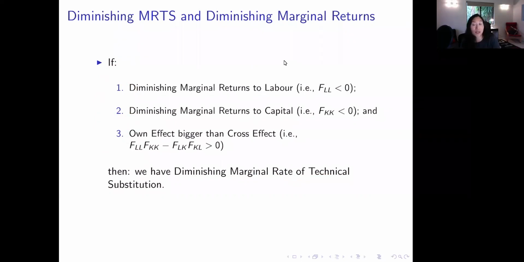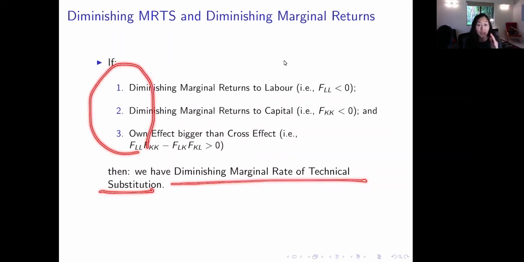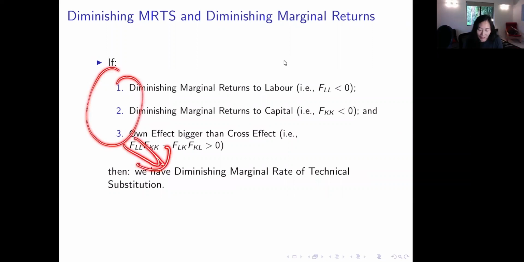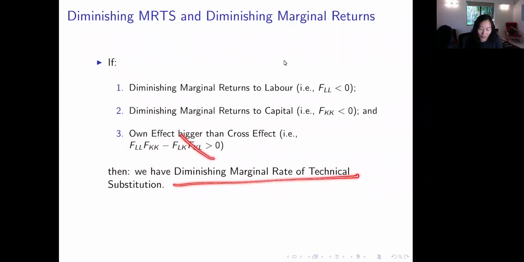They just guarantee that it would happen, but they are not required for having diminishing marginal rate of substitution. You know what I mean? It's just one direction: these three conditions imply this, but the diminishing marginal rate of technical substitution does not imply these three conditions.